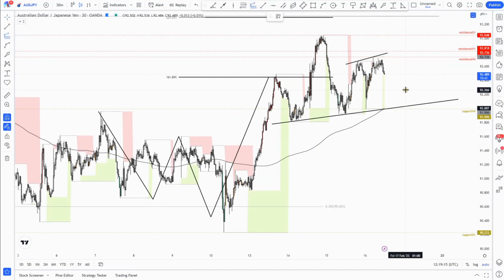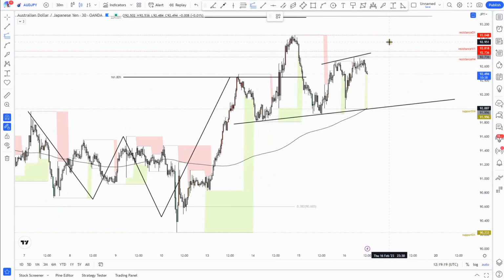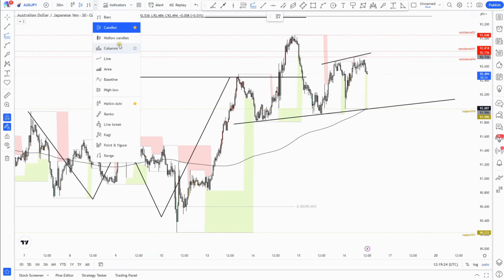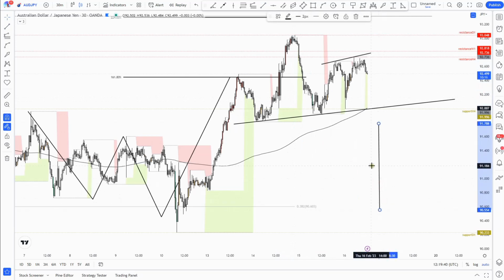Let's measure the potential reward for the head and shoulders pattern formation. So I will measure, let me simplify this process. I will measure an extension between the head and the support for the pattern and project the 200% Fibonacci move below the support.